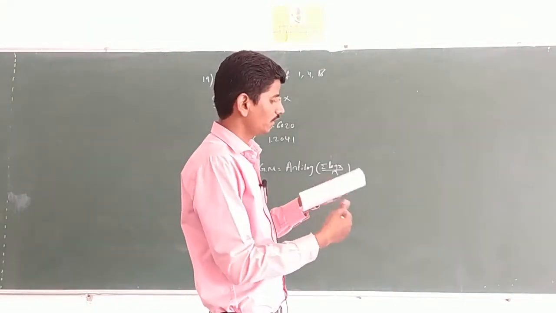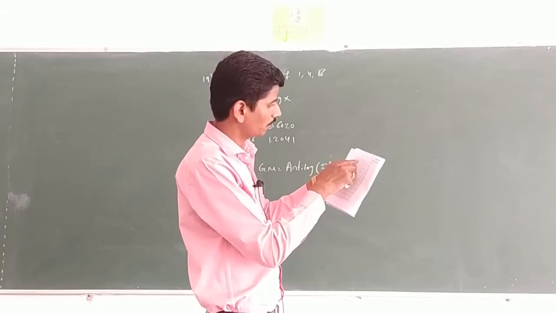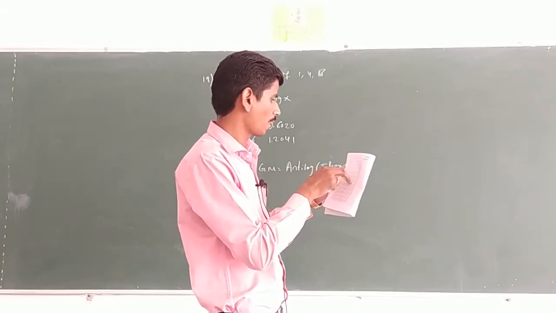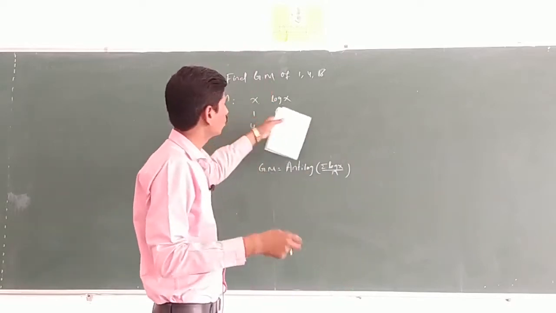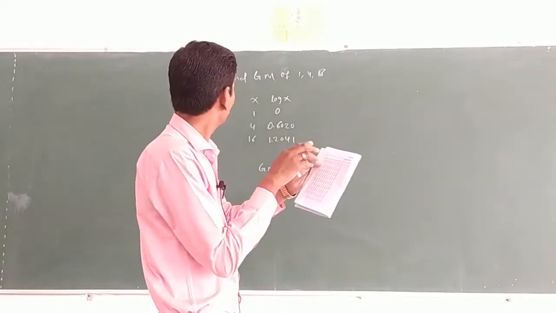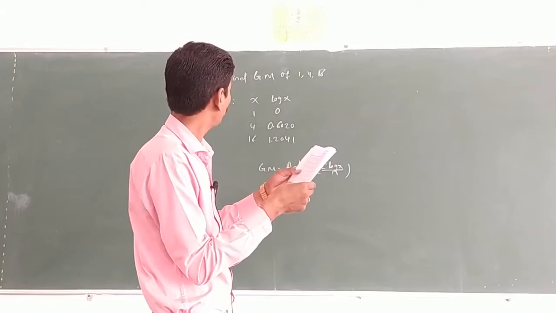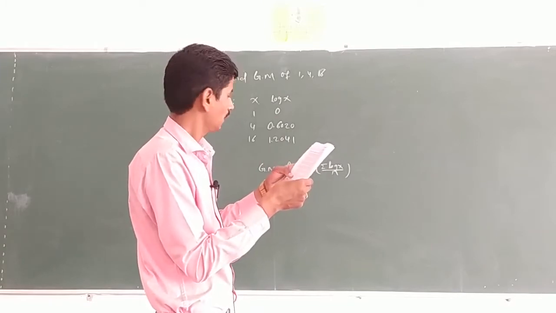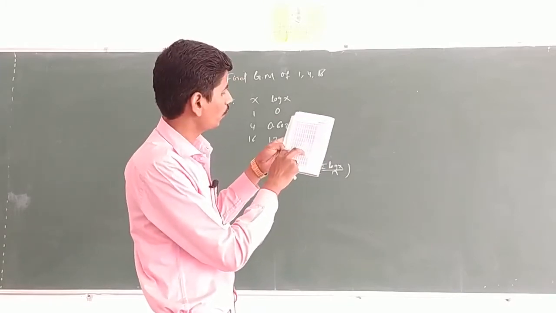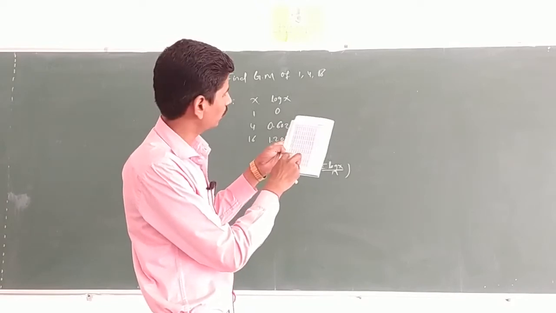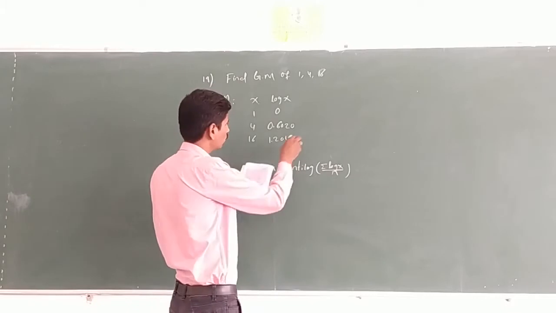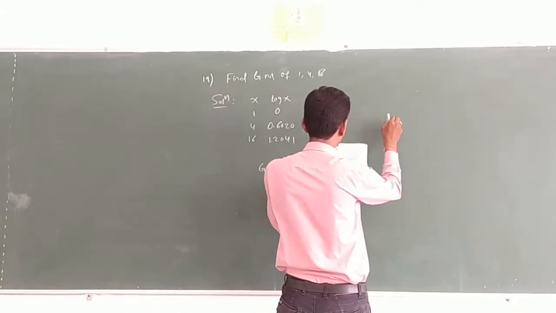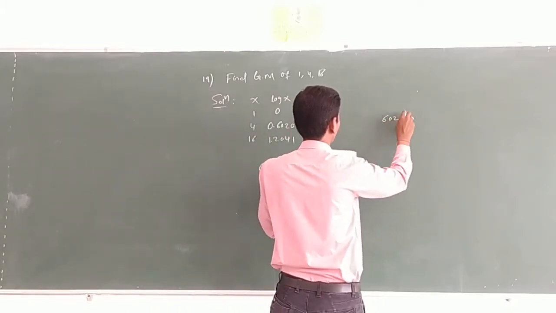Log 1 is 0. Next, the log 4 value: you have to refer to row 40, and it is 6020. Log 4 is 6020.